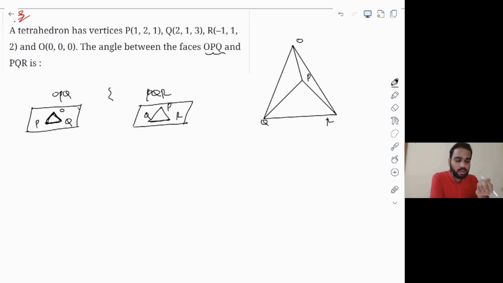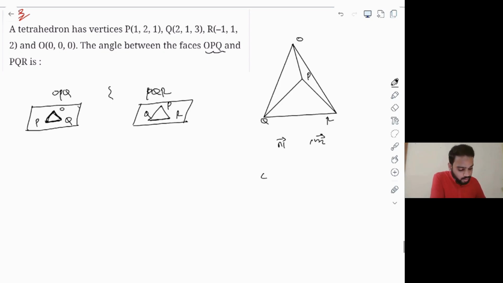We can use the concepts of vector, right? If n1 bar is the normal vector to the first plane, and n2 bar is the normal vector to the second plane, what's our formula directly? Cos theta is equal to n1 dot n2 divided by modulus of n1 into n2. This is the exact thing which we discussed earlier for finding angle between two planes using vectors.